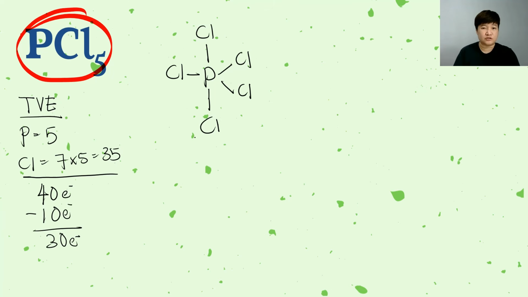The next step is to octet all the terminal atoms. So we are going to octet all the terminal atoms by giving 3 lone pairs to each of the chlorine, because each of the chlorine is already holding one bond that has 2 electrons. So we are done with the octet of your terminal atoms, and we use up how many electrons? We use up all 30 electrons. 6 electrons for each of the chlorine.